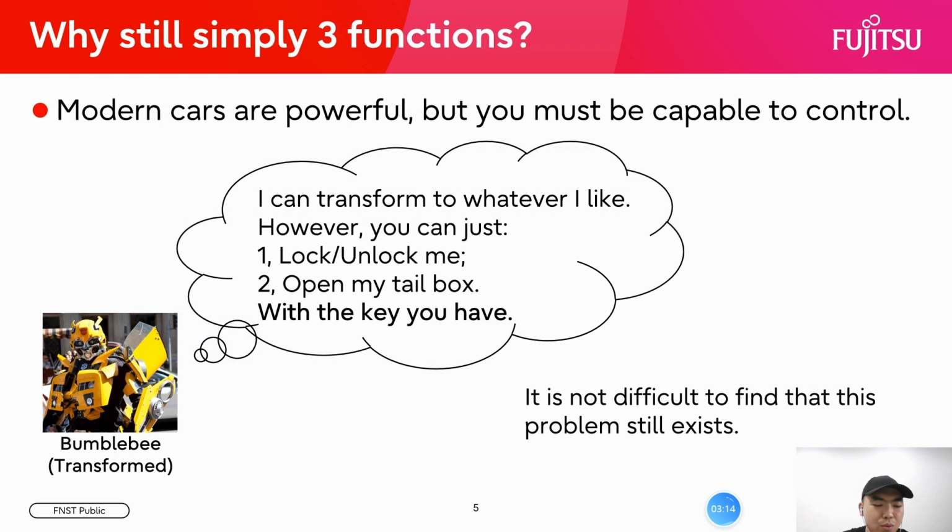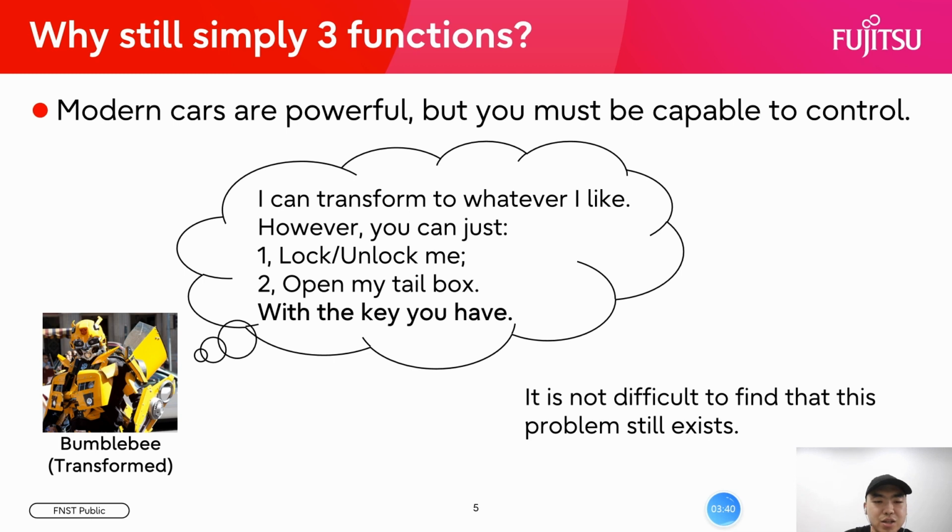So when I would be looking at the key in my hand at that time, assuming that this key still had three functions like this, I couldn't help wondering why after all these years still these three functions. I know that modern cars are very powerful.